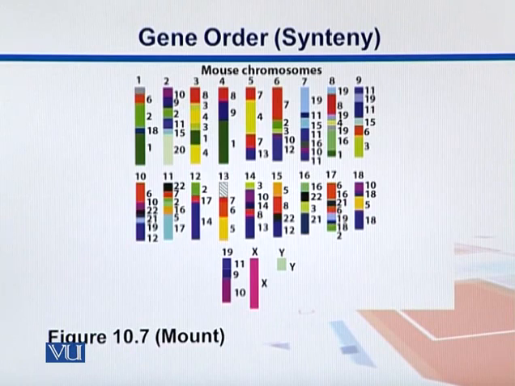For example, chromosome number 1 of mouse is acquiring segments from chromosome number 1 of human, 18, then 2 and 6, and in the same way all other mouse chromosomes are painted with different segments coming from the humans.